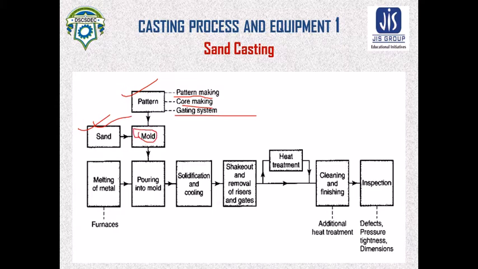After the mold cavity is prepared, the metal is melted in the furnace, and the molten metal is poured into the mold cavity. After that, there is solidification and cooling. After solidification and cooling, there is shake out, removal of risers and gates, then post processing.